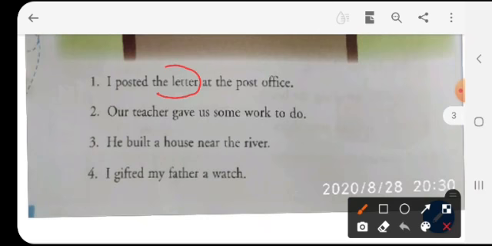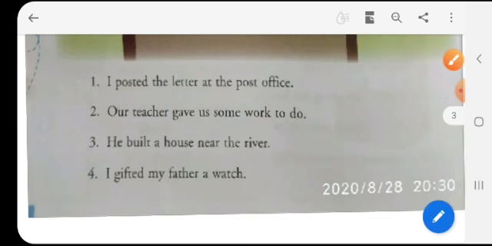The letter is the direct object, and the post office is the indirect object. Our teacher gave us some work to do. So us is the indirect object and work is the direct object. So this is how you are going to do it.